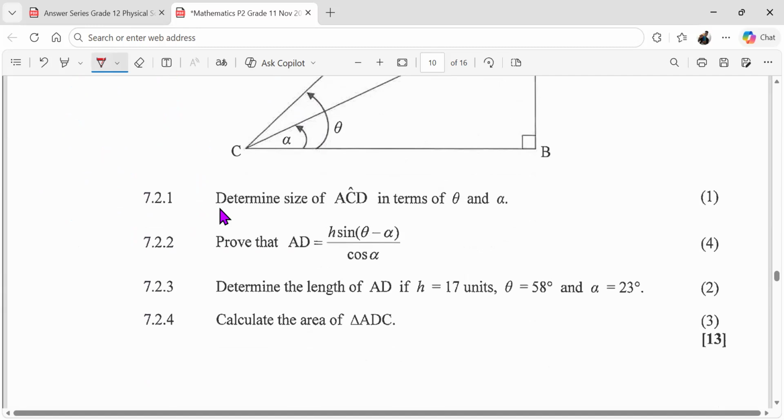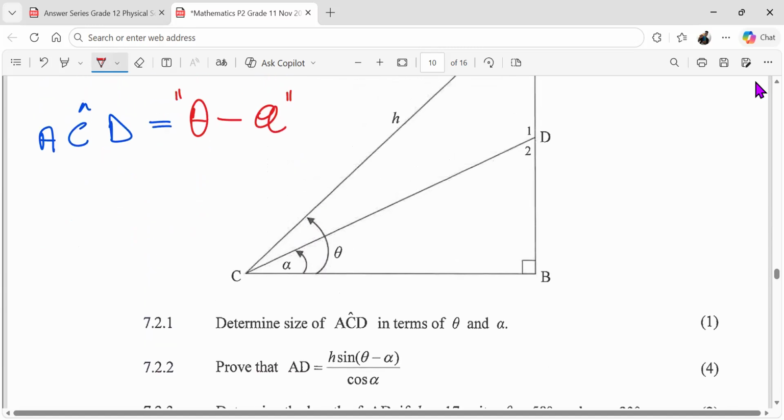But let's go. The first question says determine the size of ACD in terms of theta and alpha. Wow, I actually didn't see that this question was coming up, but there it is. It's just gonna be theta minus alpha. Then they say prove that AD is h sine theta minus alpha divided by cosine alpha.